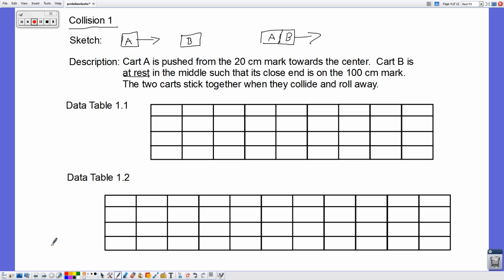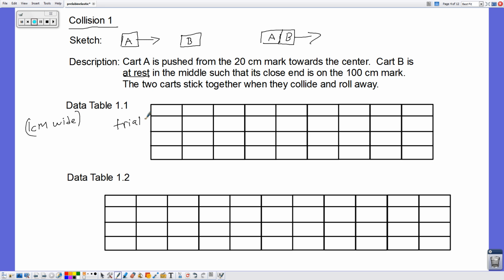All right, now we're going to have a lot of data tables, and they're going to be big. So listen carefully to this. Each column should be 1 centimeter wide. That's why you need to have the ruler.